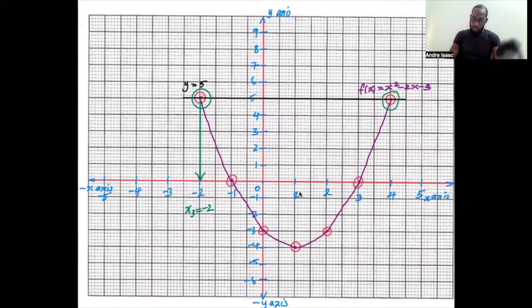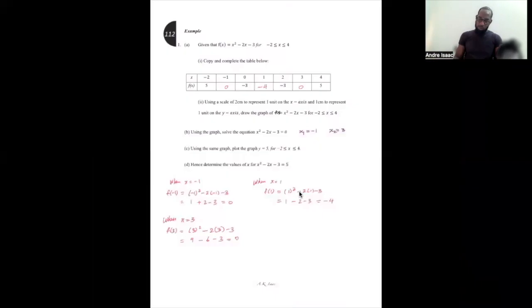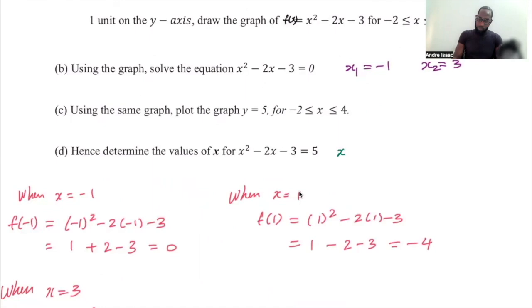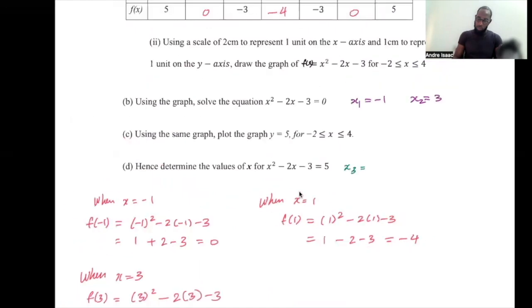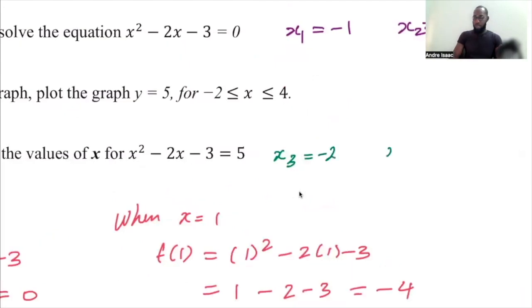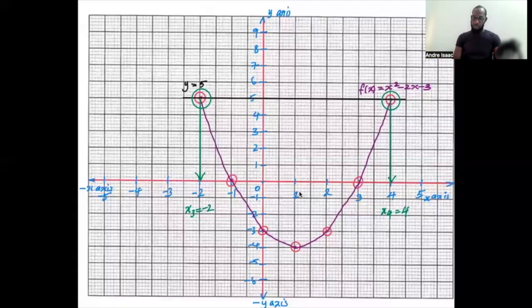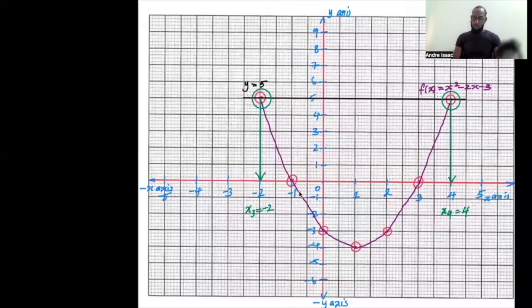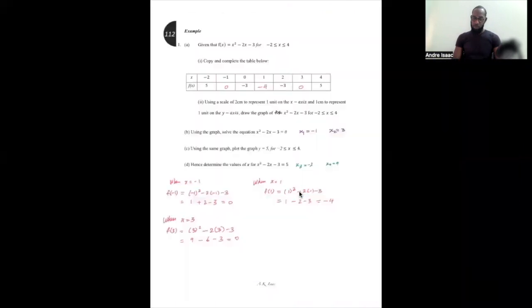And we have x4, x4 is equal to 4. So for this question here, x3 is equal to -2 and x4 is equal to 4. All right, let me make sure. All right, so that's it for relations, functions, and graphs.